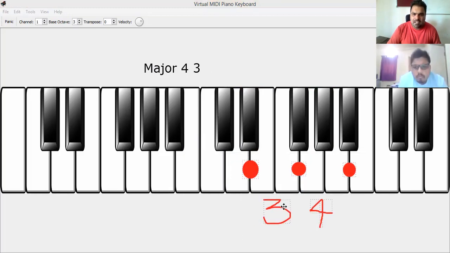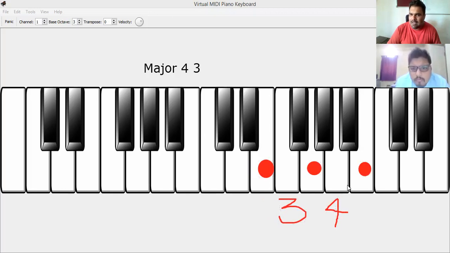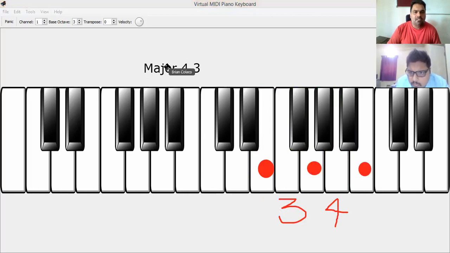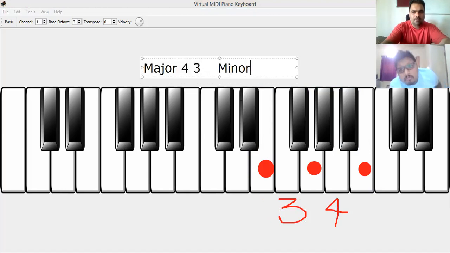Same thing will happen even from the E minor chord. If you start from here, E minor, 0, 1, 2, 3, 4. So what we understood from this is for us to get a minor chord, we need 3, 4.